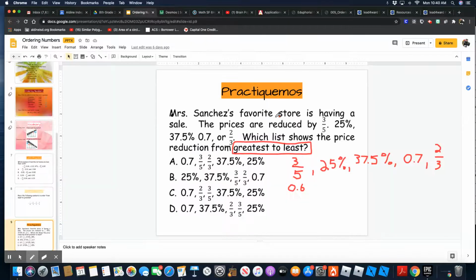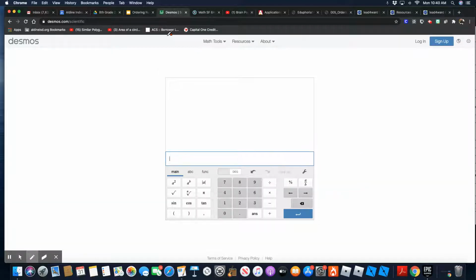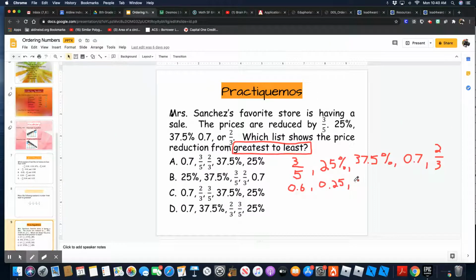So 0.25. 37.5%. Again, I can move this decimal 2 times to the left, but if I'm unsure, I just go to my trusty calculator. 37.5 divided by or out of 100 gives me 0.375.